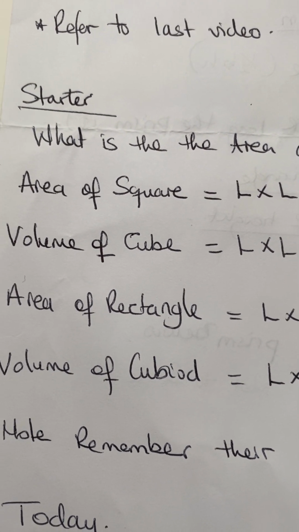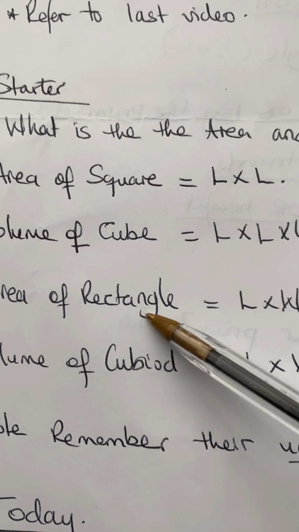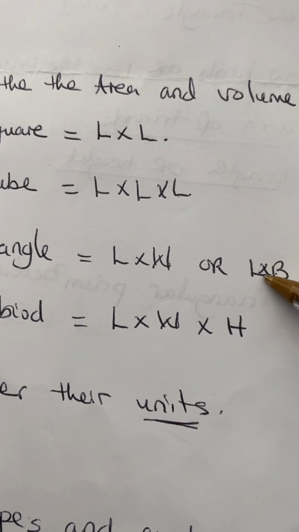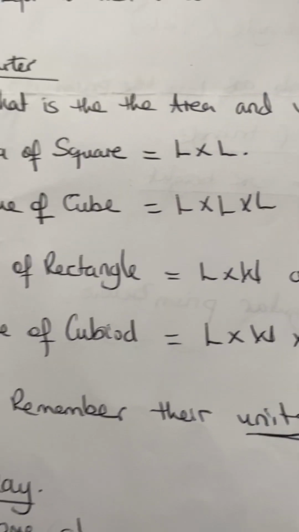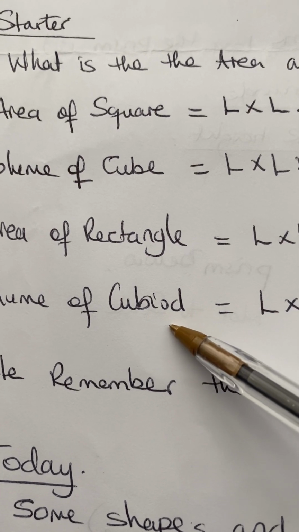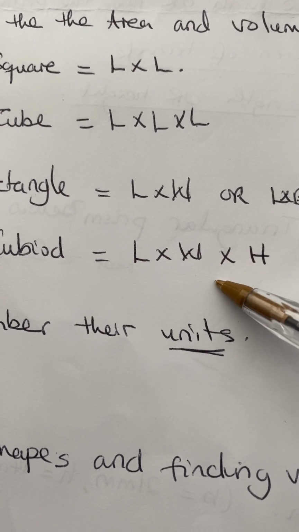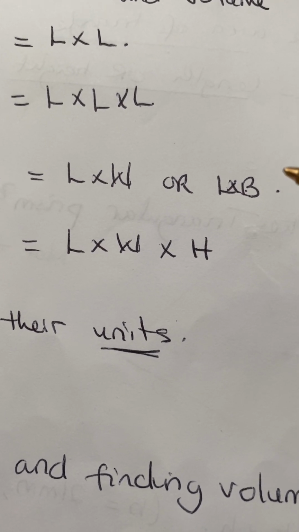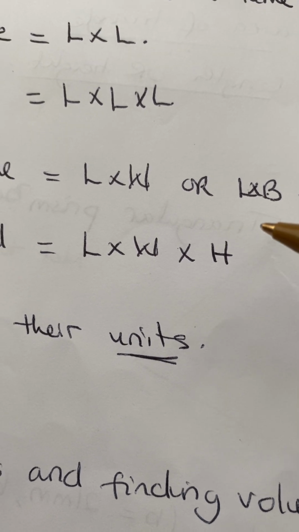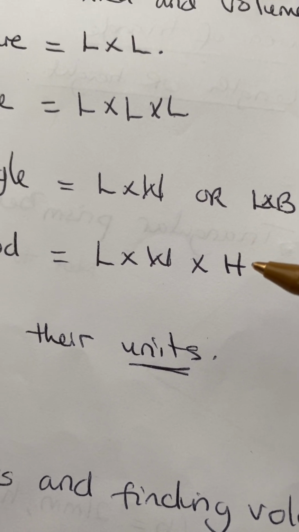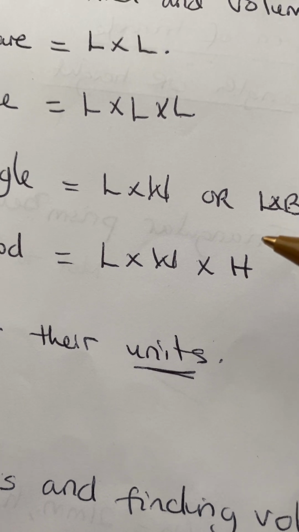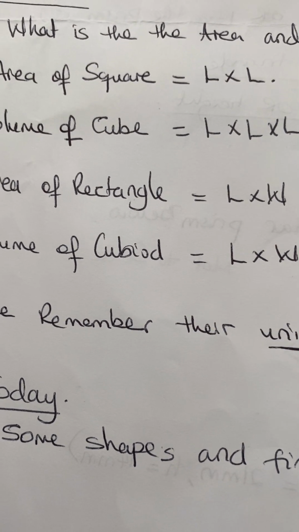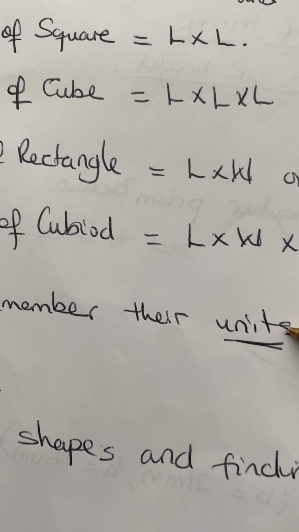Always remember your unit. The area of a rectangle is length times width, or length times breadth. The volume of a cuboid is length times width times height. Here again, remember your unit. Don't fall into the temptation of writing your answer without the unit. They will mark you down. That is what I just said to you: remember your unit. Very important.